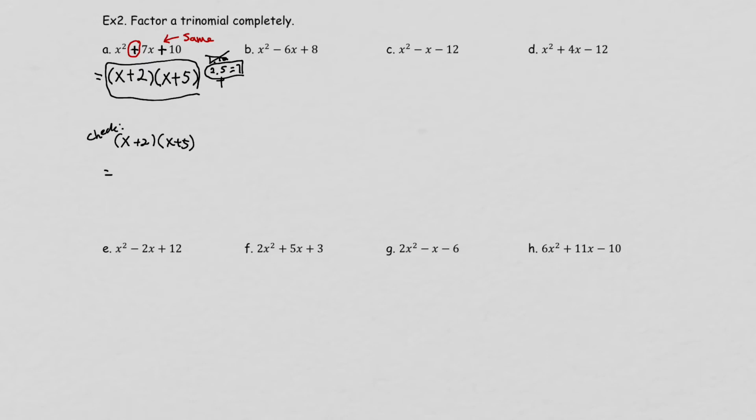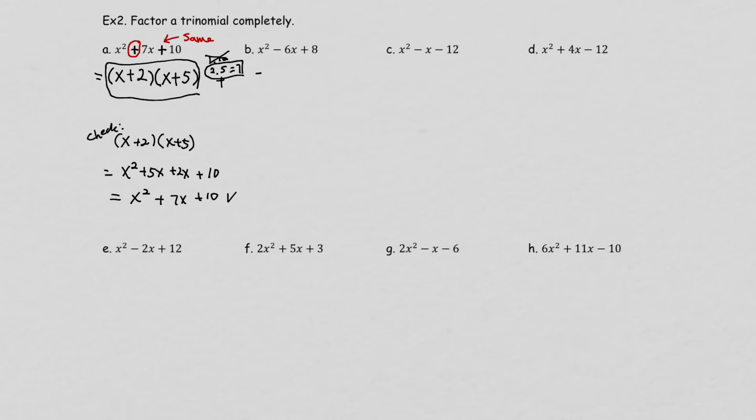So it will be 2x times x, x times 5, 2 times x, 2 times 5. Combine the like terms in the middle. That's what you get. So if you use this method that I just showed you, then you will always get the right factors.